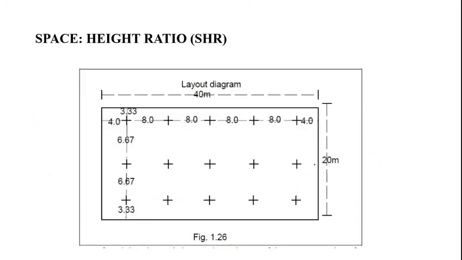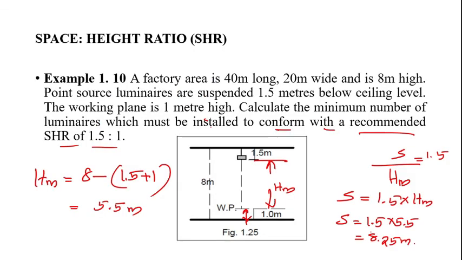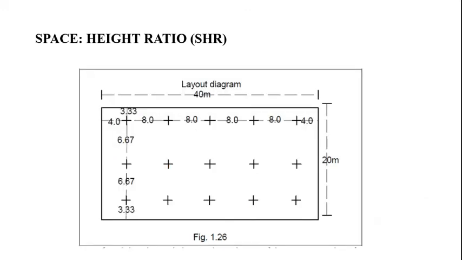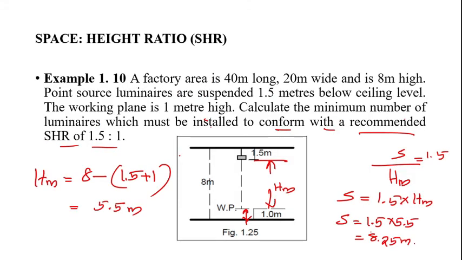Now what the examiner is asking you to find out is to calculate the minimum number of luminaires which must be installed to conform with the recommended space to height ratio of 1.5 to 1. Now, let us consider the top view of that particular factory area.